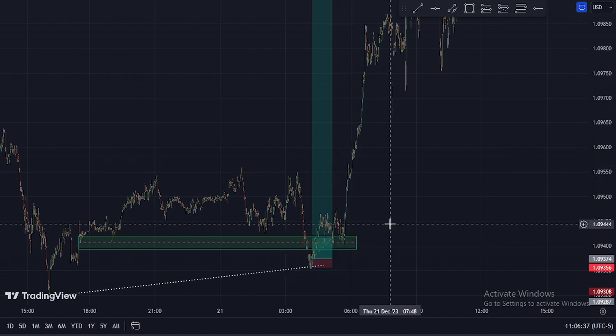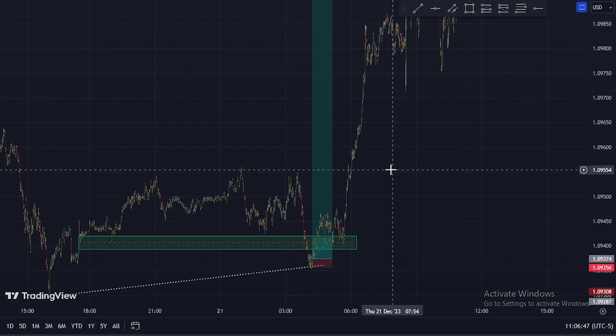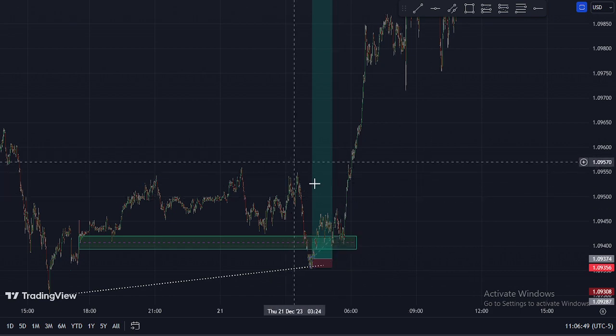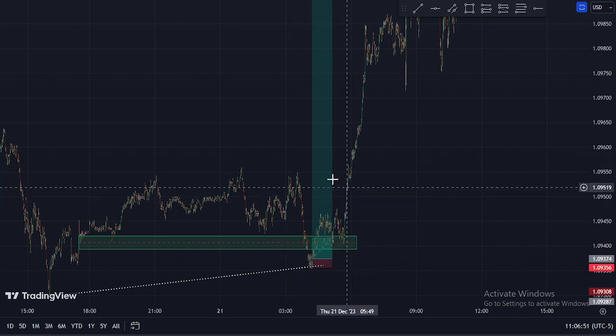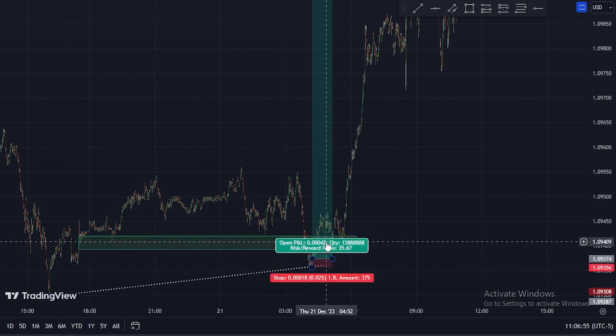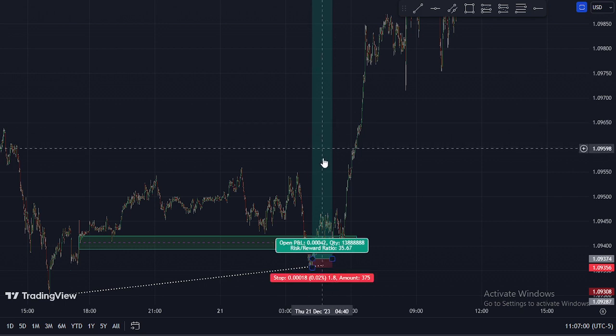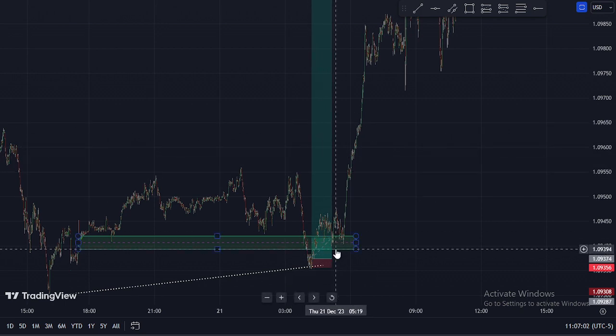So if you understand these logics, these concepts, your risk will be very small and your rewards will be quite rewarding. Even if you are to lose one trade, this would recover that trade 35 times. So it only comes to risk management.